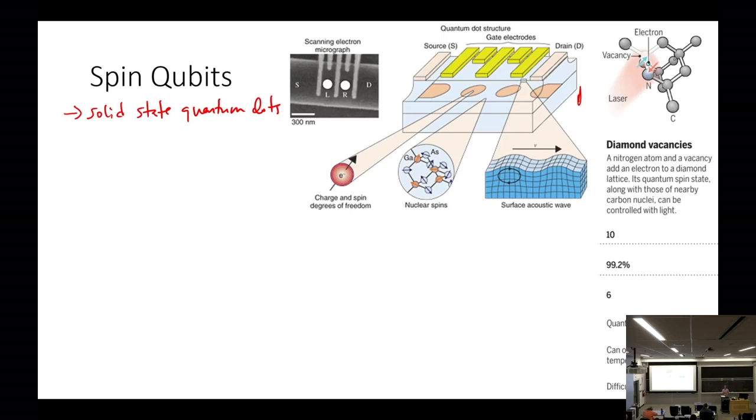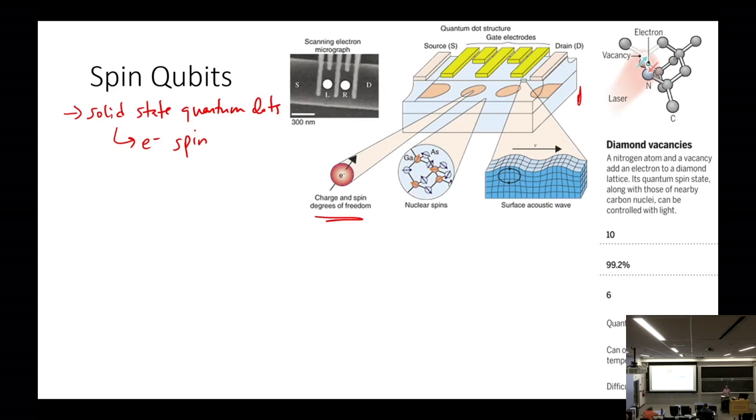The simplest spin qubit based on one of these solid-state quantum dots is an electron spin located inside the quantum dot, and you can see that in this diagram. You can also obviously use hole spins, but electron spins are the most common. There are different drawbacks to using one electron spin or multiple electron spins or holes, but this is the most generic version.